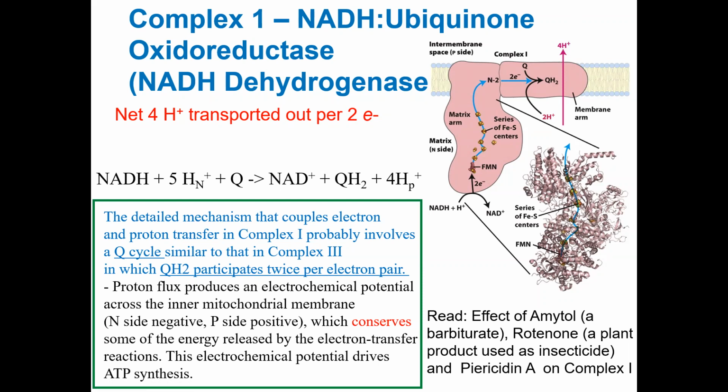And the Q cycle is where QH2 participates twice per electron pair. Remember, one QH2 molecule has 1 electron pair, 2 electrons. So we'll get to that when we get to that. So that's what complex 1 does.